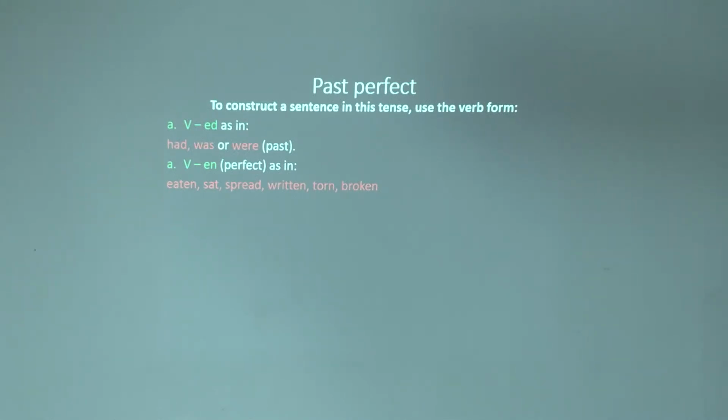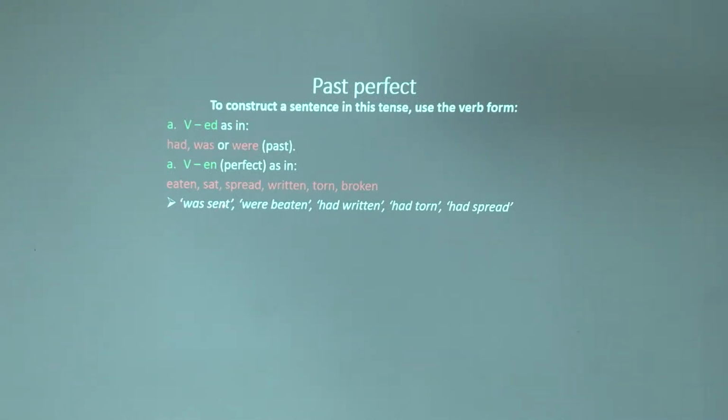Good. So when we have the two now put together, had plus eaten, we'll have had eaten, had sat, had spread, had written, had torn, had taken. The same way, we could also have other combinations for was and were.